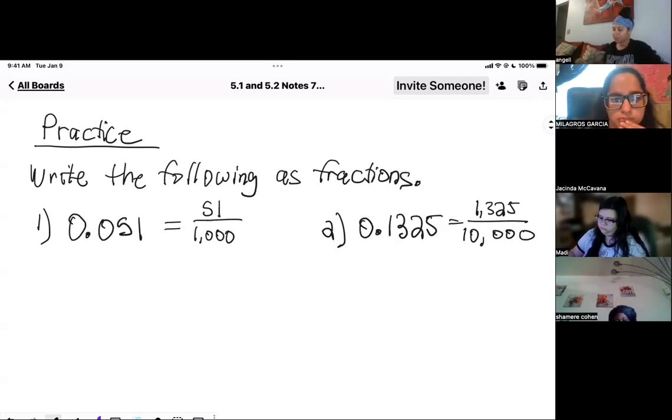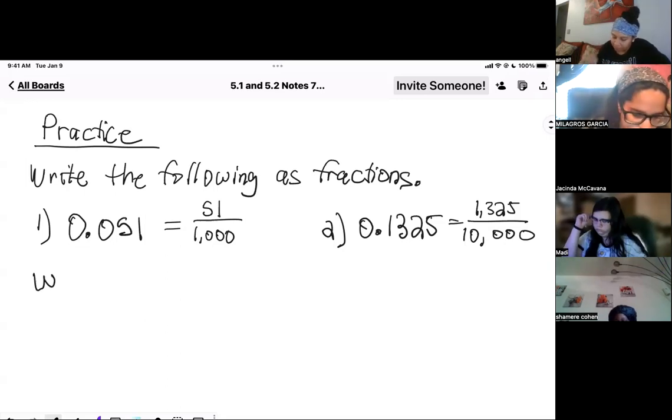Now, of course, it's a fraction, so normally it would tell you to simplify the fraction. The number 2 can be simplified, but we're just practicing how to write it as fractions right now. Good?